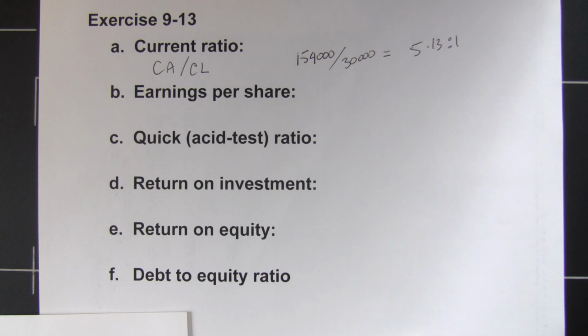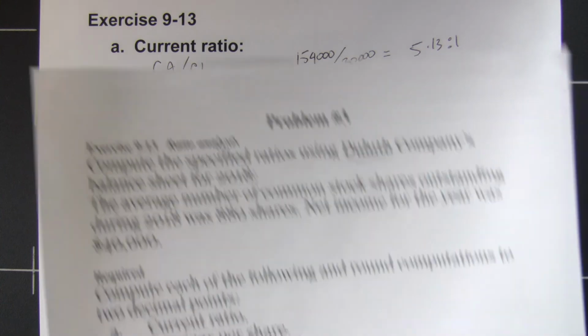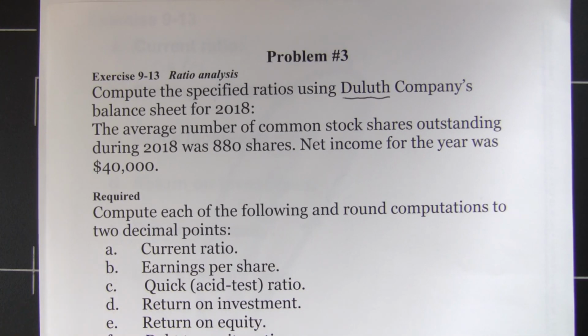The next question it asks is earnings per share. And that question's deceptively easy, so you probably chased your tail for quite a while before you figured it out.